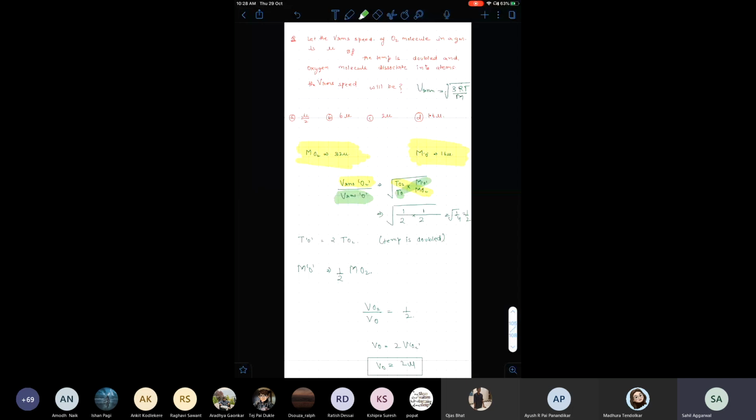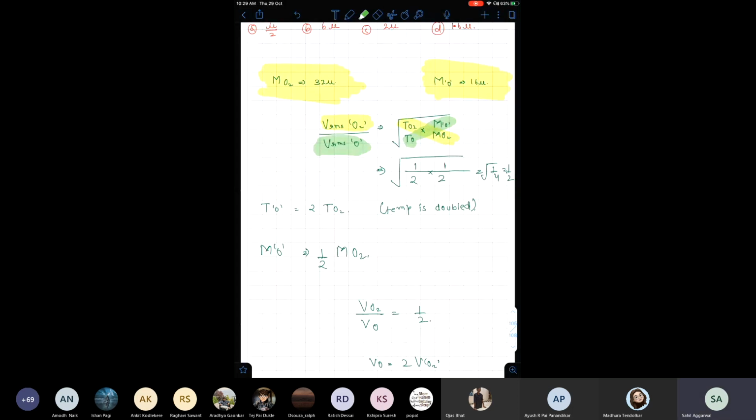This is how I kept the values. Now it is given that temperature of oxygen is double the temperature of O2, so it becomes 1 by 2, and mass of O2 is double the mass of oxygen, so it becomes 1 by 2. Overall it becomes 1 by 4, and root of that will be 1 by 2. So we can write VRMS of O2 divided by VRMS of oxygen is half. So just multiply this with 2, you will get the answer. Okay, sir. Thank you, sir.